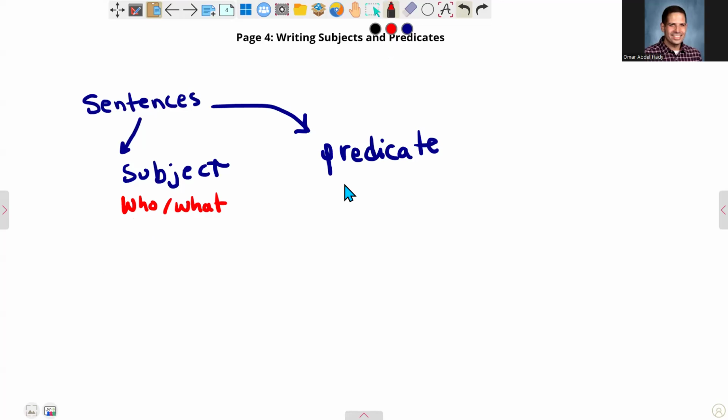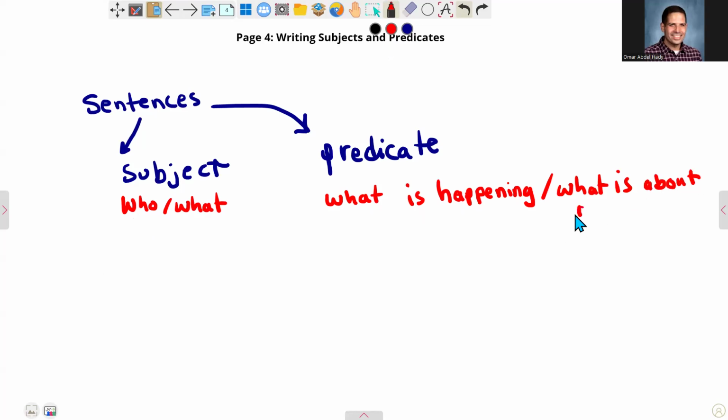And the predicate goes back and tells what is happening or what is said about the subject.